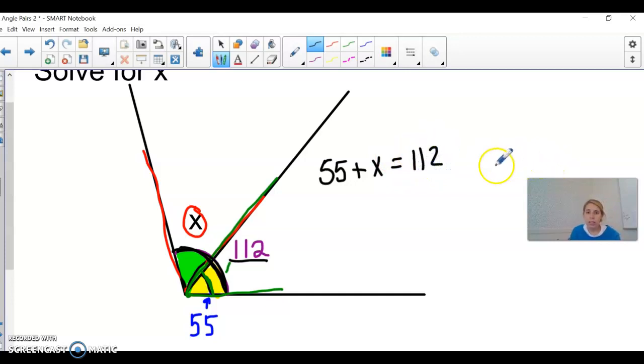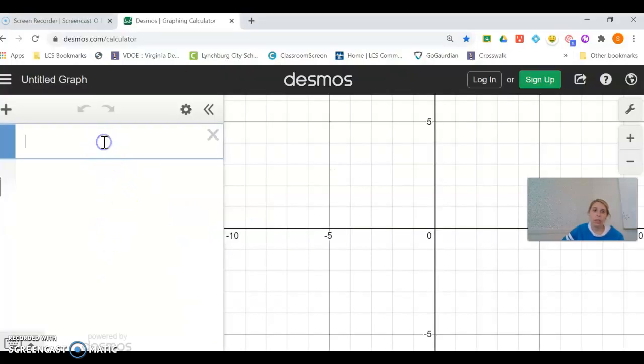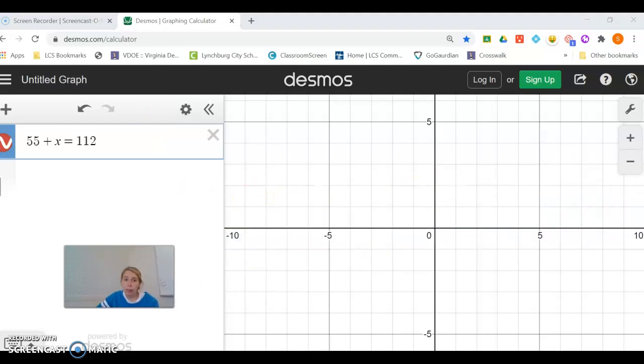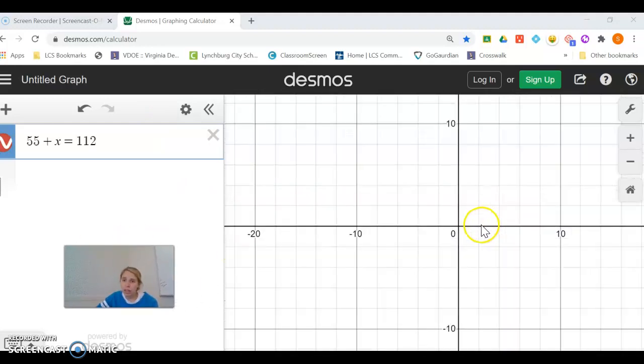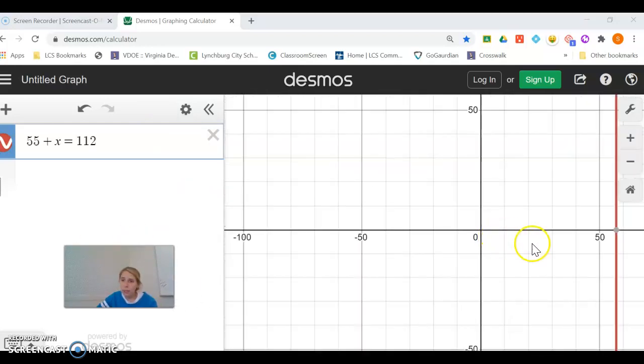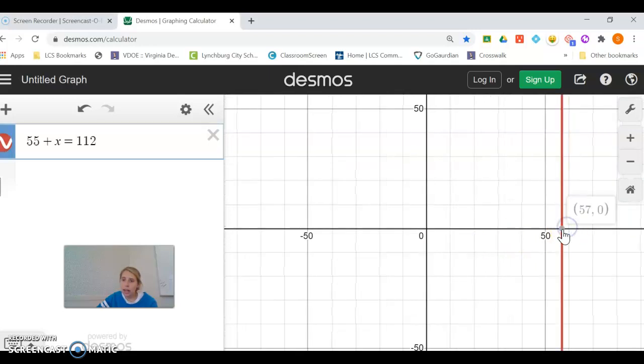Now you could go to Desmos and just type this in, and it will tell you the answer. Let me show you what that looks like. In Desmos, I type in 55 plus x equals 112. I'm going to look for my answer on my graph, and I'm zooming out until I see the line, and I'm looking for where it crosses the x-axis.